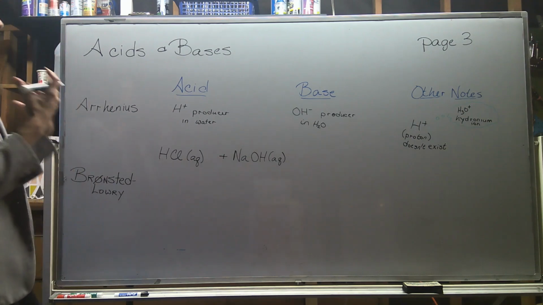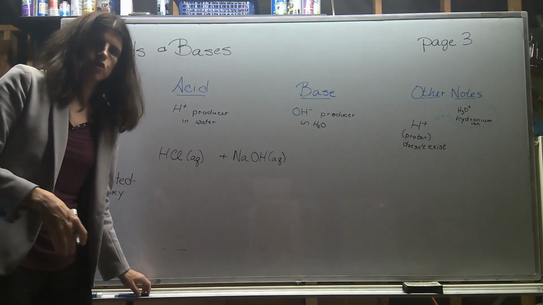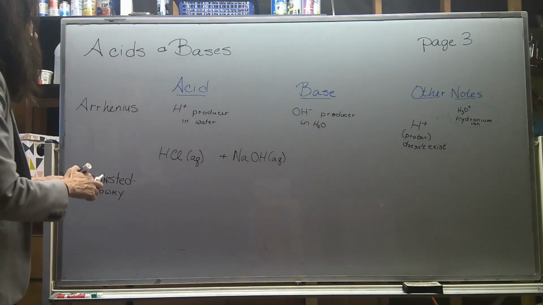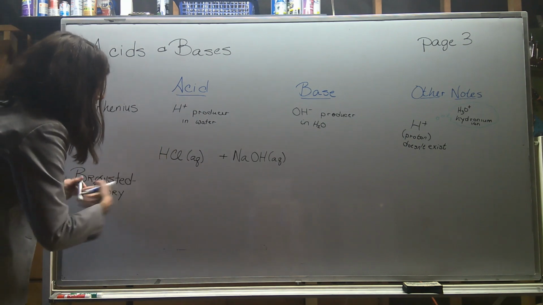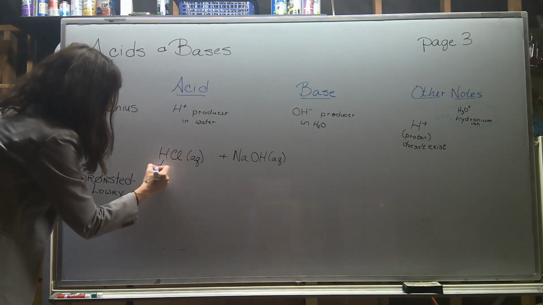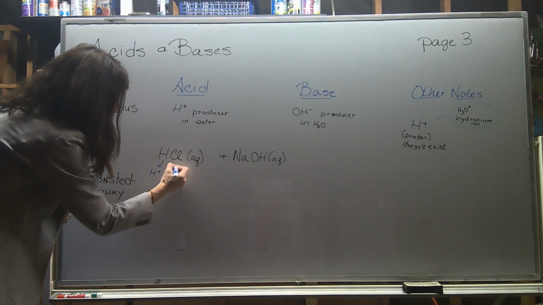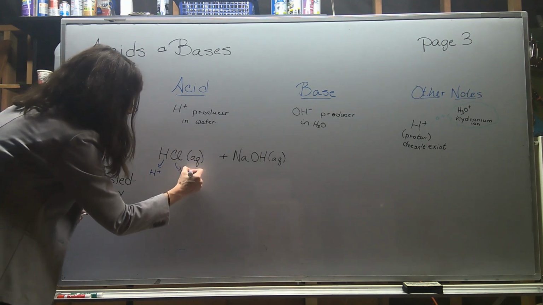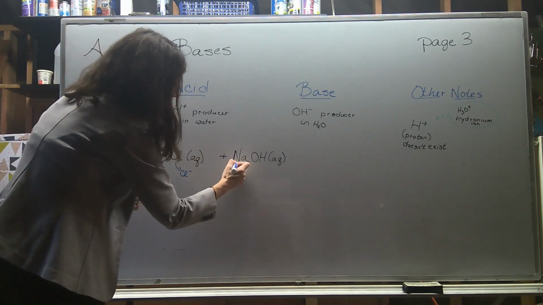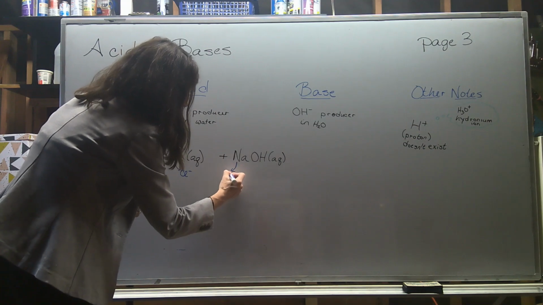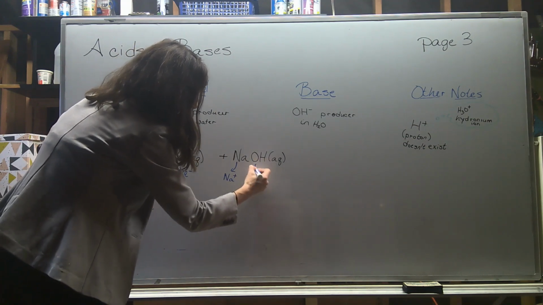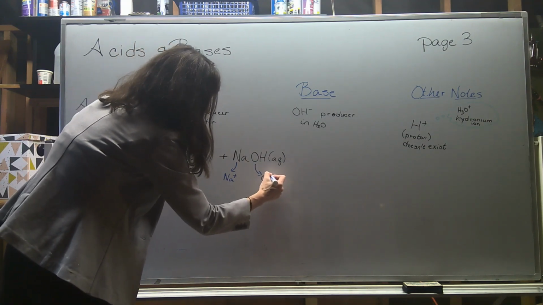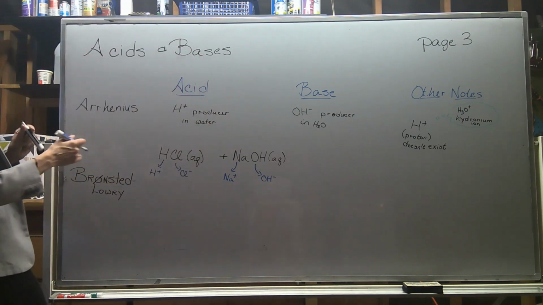We're going to approach this the same way we approached our precipitation reactions. We're going to take the hydrochloric acid and divide it into H plus and Cl minus. We're going to take our sodium hydroxide and split it into Na plus and OH minus. They're going to do-si-do.